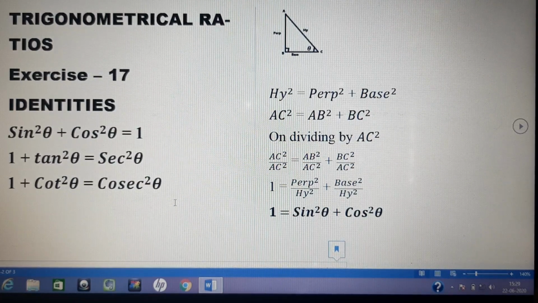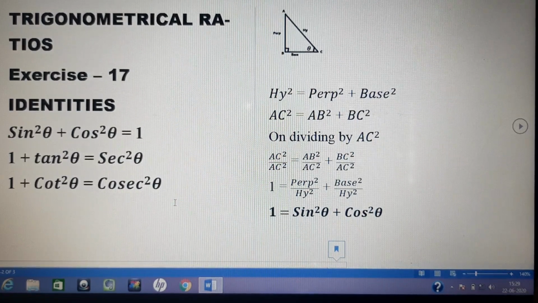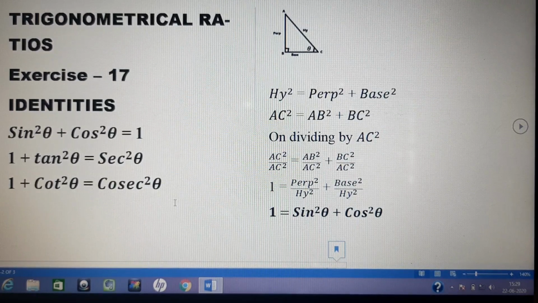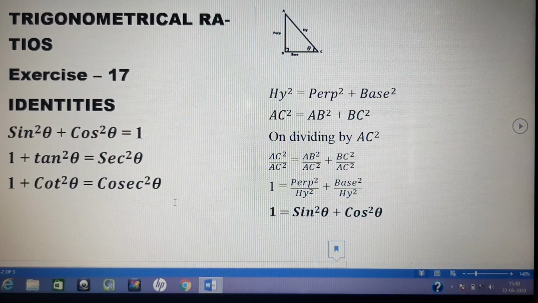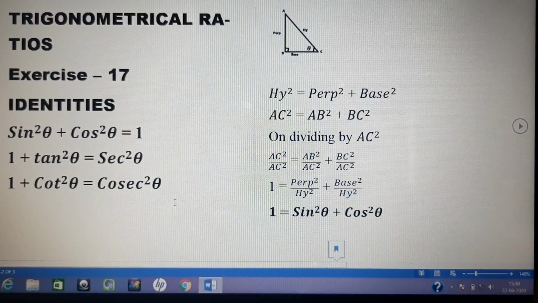You can directly write that it will be equal to 1. Likewise, if somewhere it is given cosec square 40 degree minus cot square 40 degree, then you can easily replace it with 1.